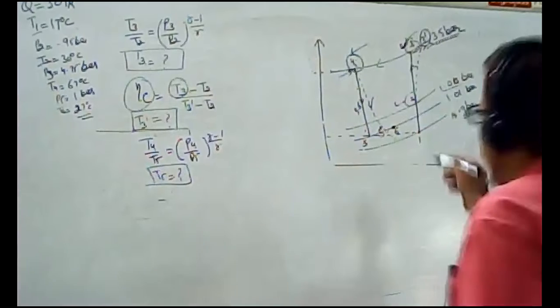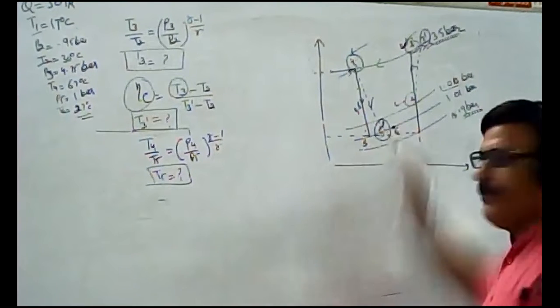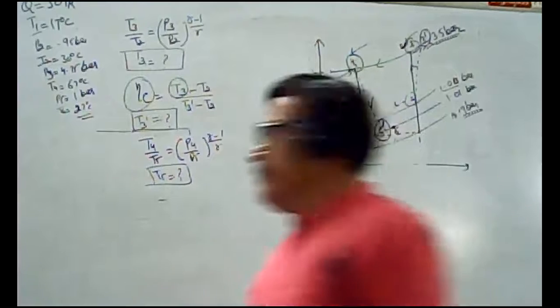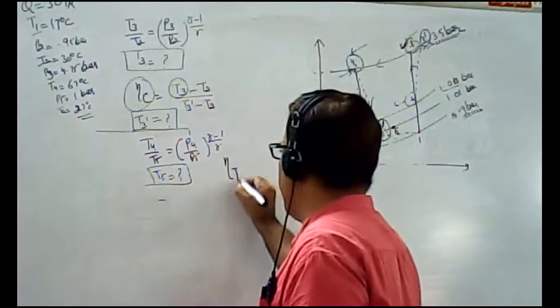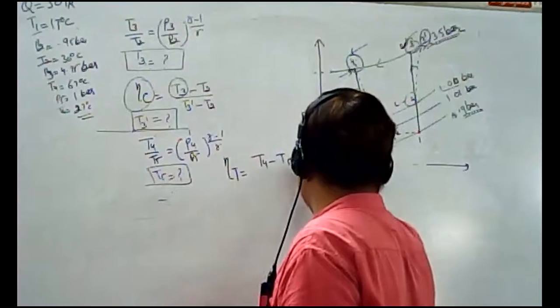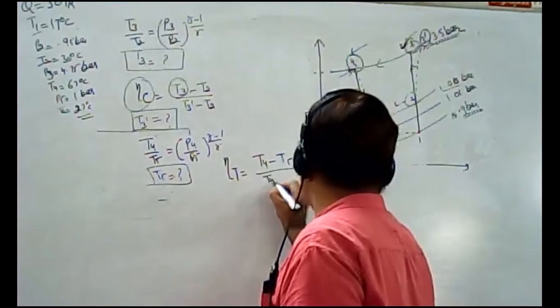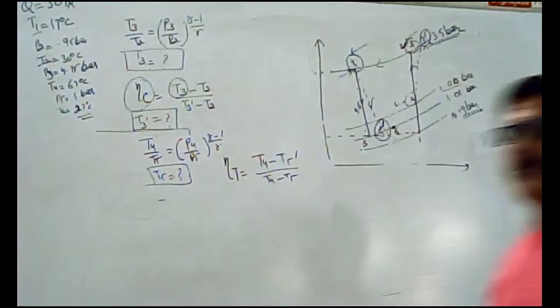Okay. Now what will be the efficiency of your turbine? Now you have to calculate the value of T5 dash. So by putting this value into the efficiency of your turbine, the efficiency will be T4 minus T5 dash divided by T4 minus T5, where T5 is the isentropic expansion.